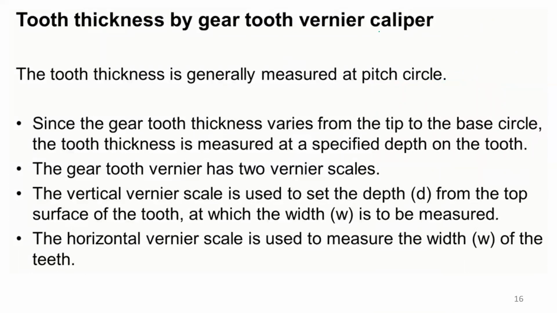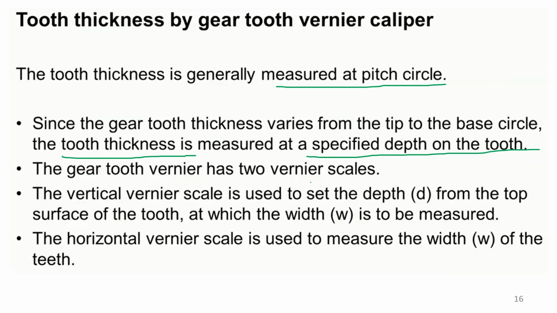Tooth thickness by gear tooth vernier caliper. The tooth thickness is generally measured at the pitch line, but it is not possible, since the gear tooth thickness varies from the tip to the base circle. So the tooth thickness is measured at a specified depth on the tooth.